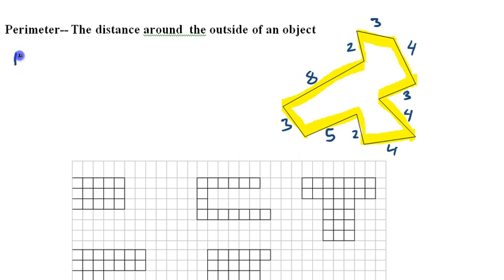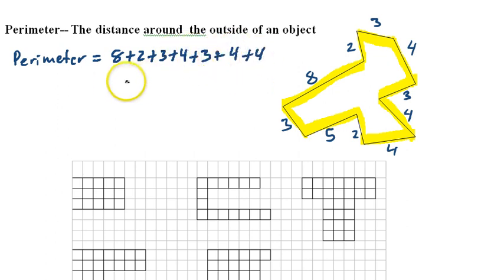So if you wanted to find the perimeter of that little object, it would be 8 plus 2 plus 3 plus 4 plus 3 plus 4 plus 4, coming down the next line, plus 2, plus 5, plus 3.